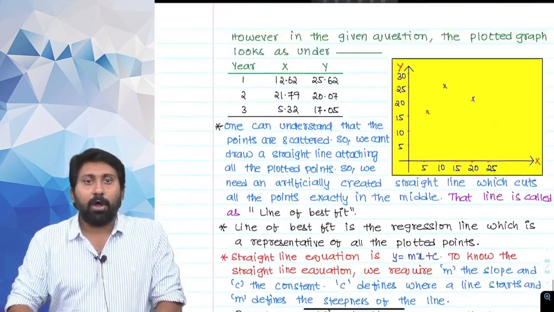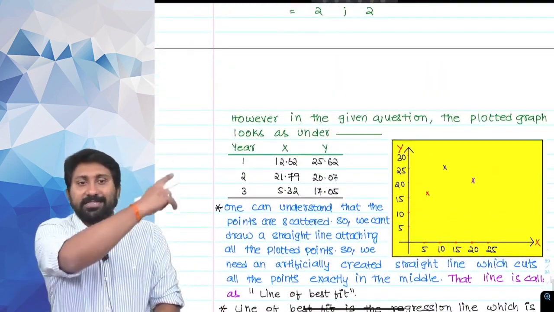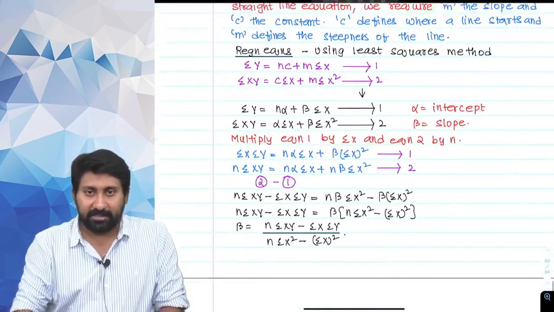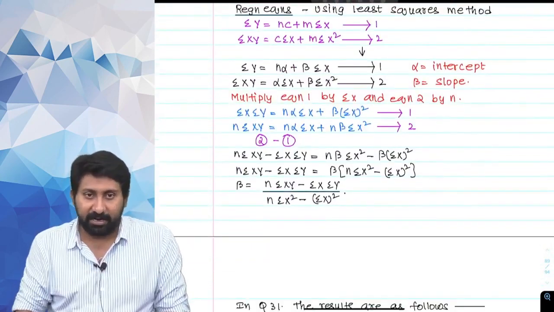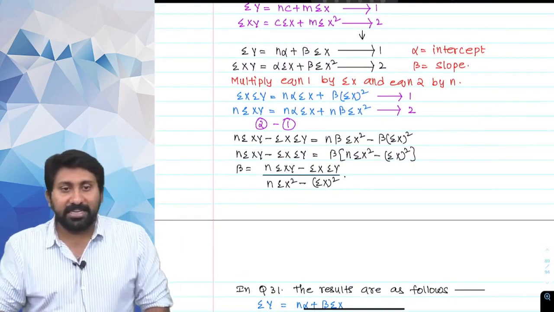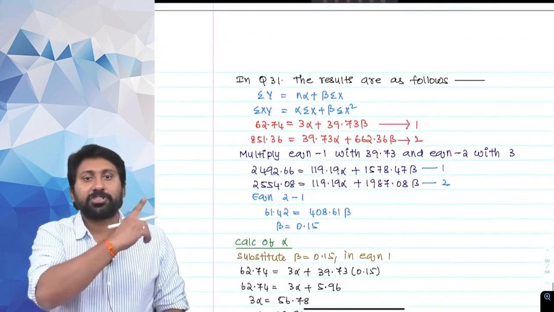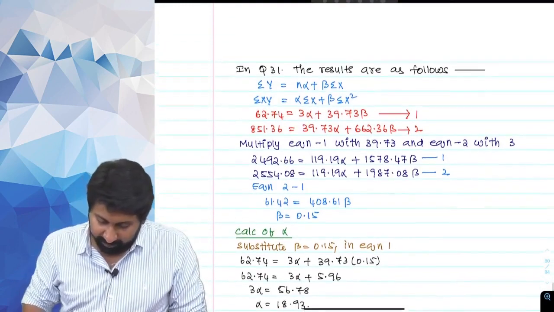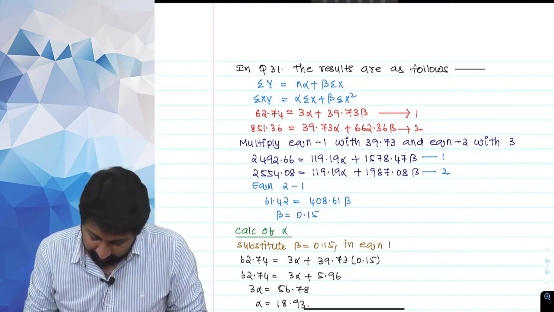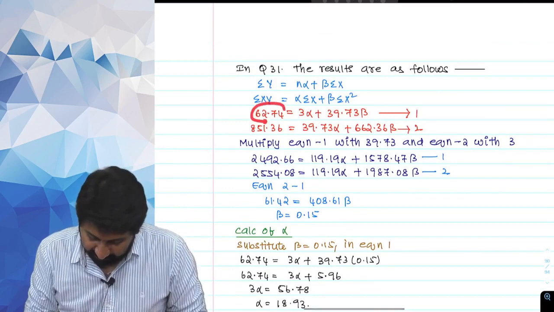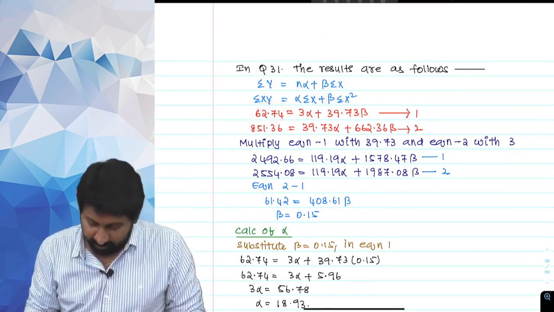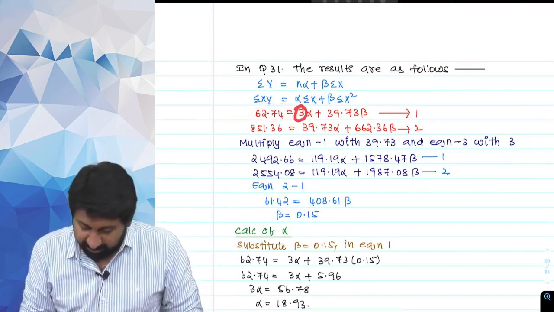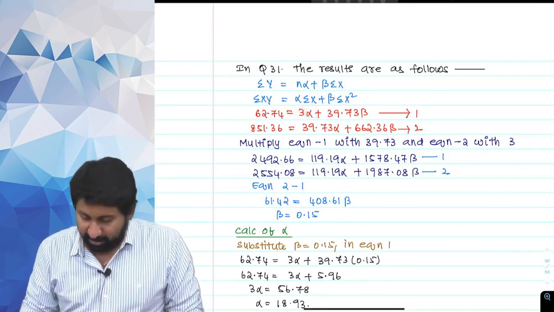So, this is the information that is available with us. You will use the least squares model. In question 31, the results are as follows. Sigma y equals n alpha plus 39.73 beta. Sigma y means total of y, meaning security return. N means number of observations, alpha means constant.